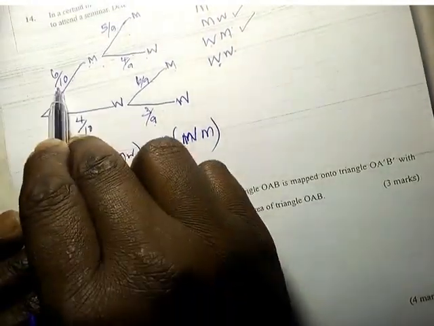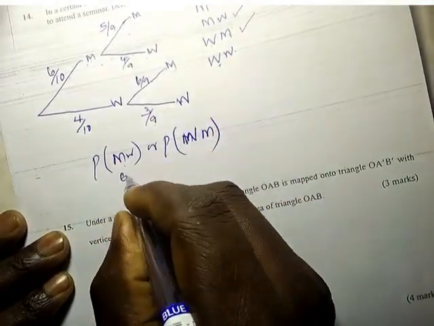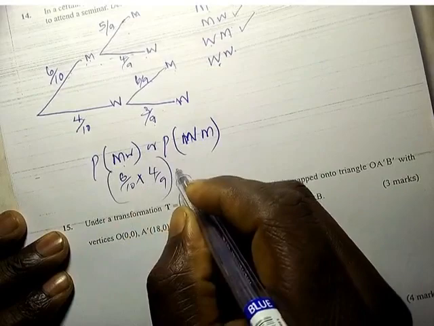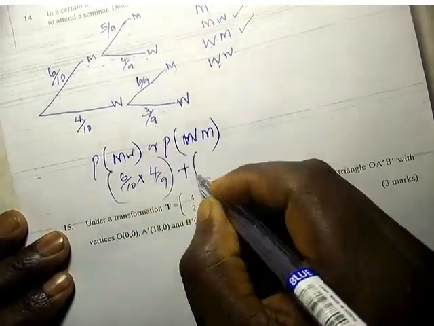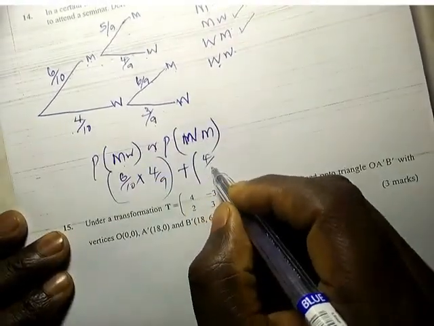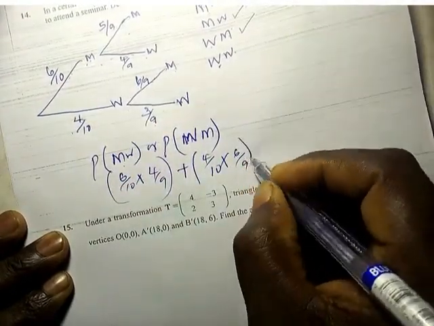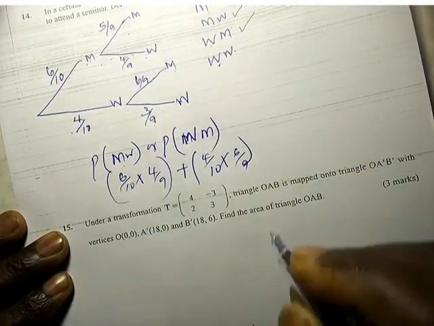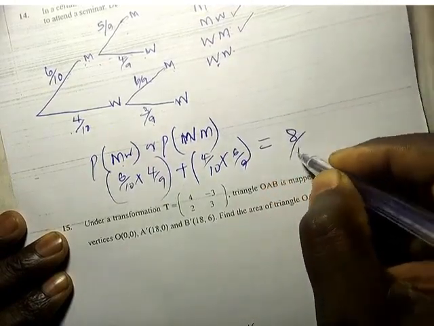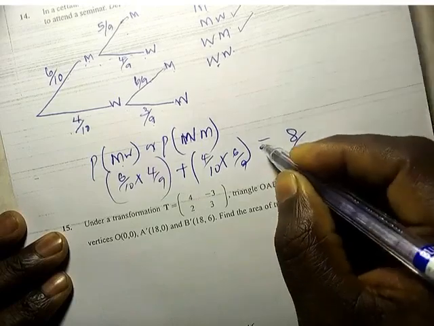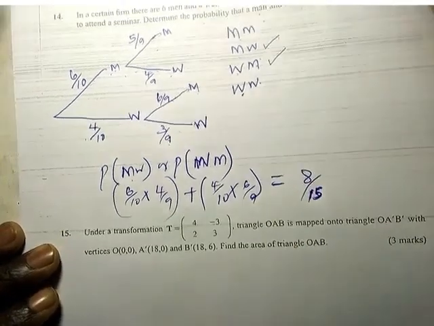So this is 6 over 10 times 4 over 9, or we add 4 over 10 times 6 over 9. And this one will give us 8 over 15 using your calculator.